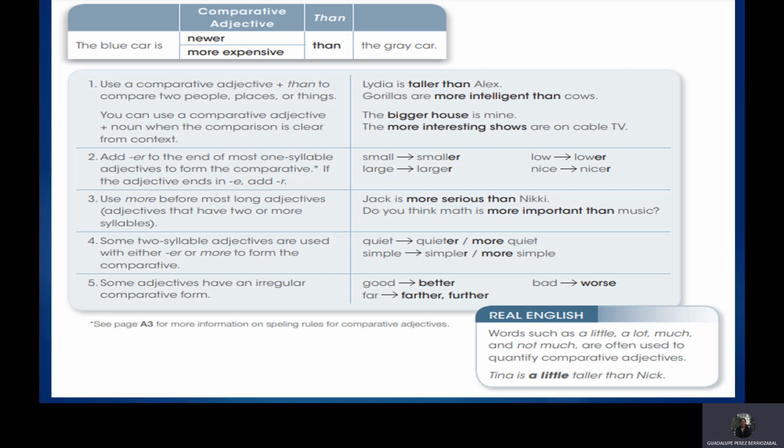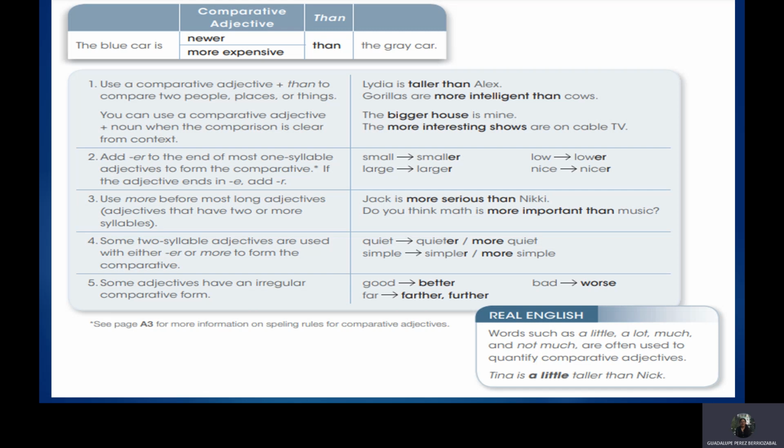So in short adjectives, we are talking about adjectives that have only one syllable. We only add er or r to the ending.